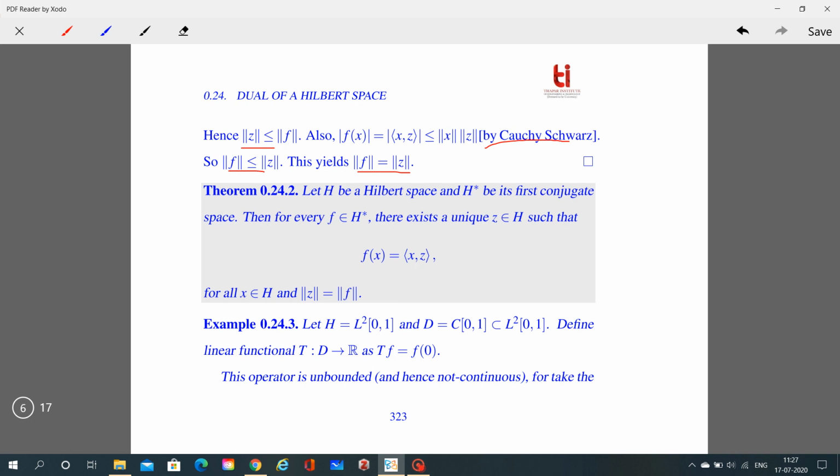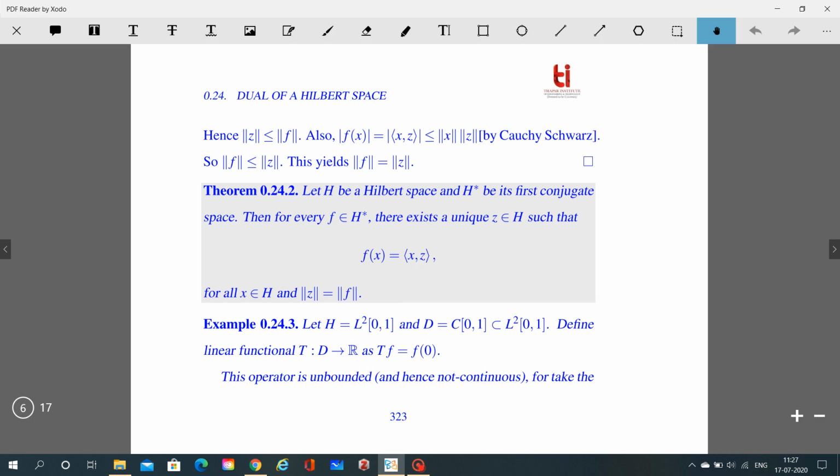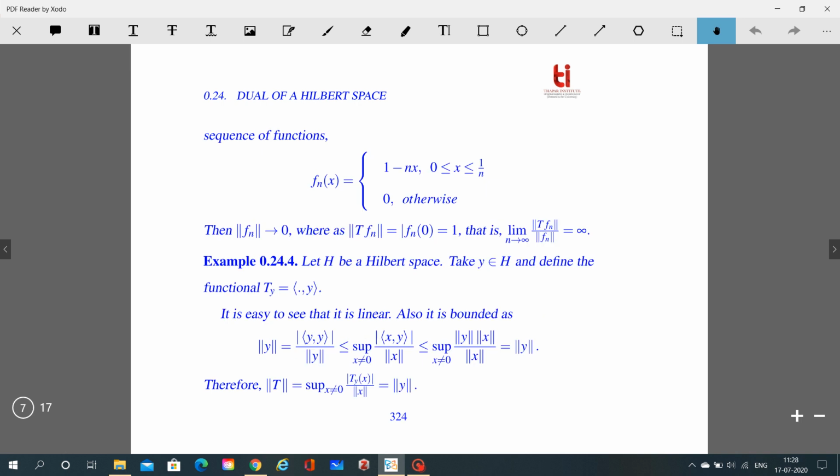Define a linear functional T from D to R as Tf equal to f of 0. So this operator is unbounded, and we have already proved that if a functional is bounded, then it is continuous, and if it is unbounded, then it is not continuous. So this operator is unbounded, hence not continuous.